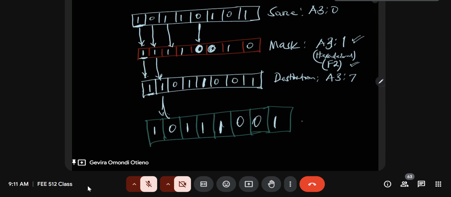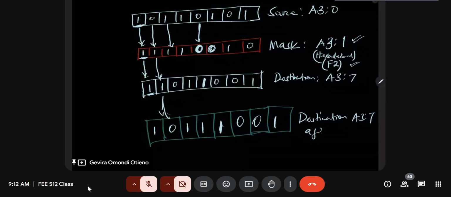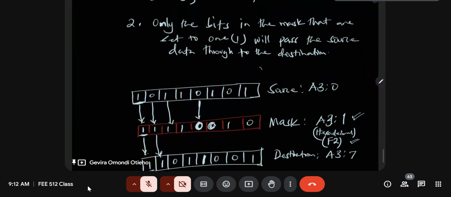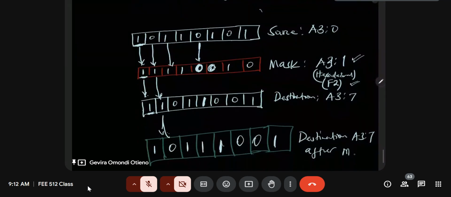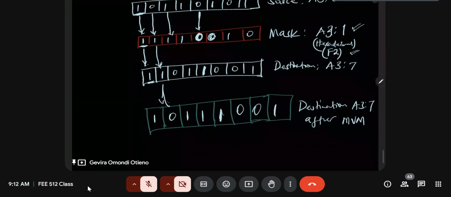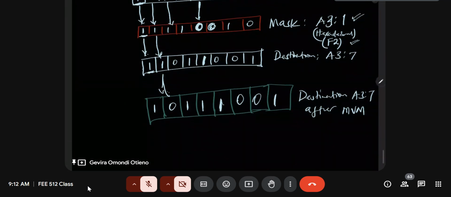So therefore, this is the destination. This is your destination, A37, after the masked move, after our MVM. Basically, the masked move is like a filter for those bits that are designated 1 in the mask.